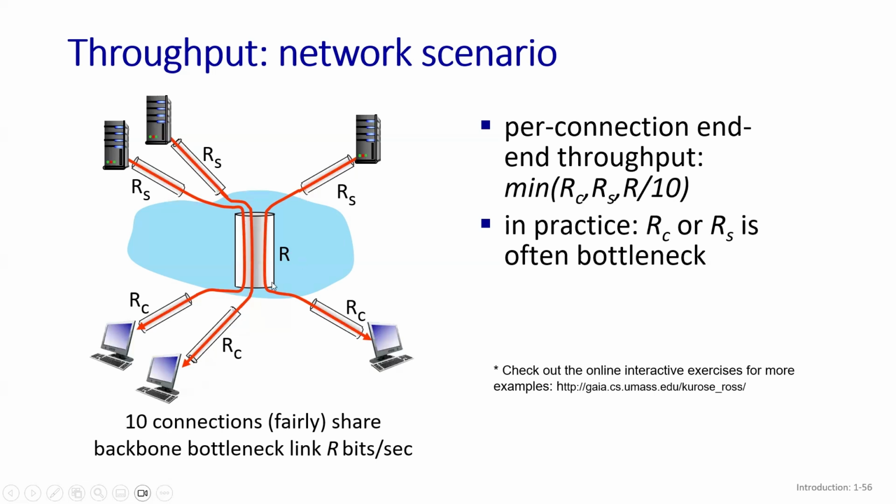However, if R/10 is, let's say, 2 megabits per second, then the bottleneck is on the backbone, which is rarely the case, but just to take an example, the end-to-end throughput will be 2 megabits per second. So whichever is the lowest is going to dictate the end-to-end throughput.